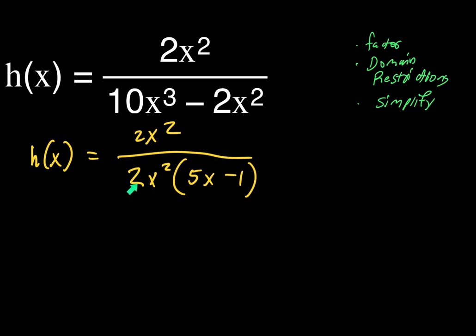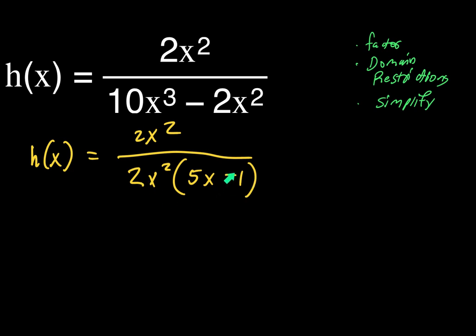The double check is, when you've done the factoring, if I do distributive property, 2x squared times 5x, well, 2 times 5 is 10. X squared times x is x cubed, that's good. 2x squared times negative 1 is negative 2x squared. Right? So again, when we're factoring, finding a GCF, we're just doing reverse distributive property, or unsimplifying.